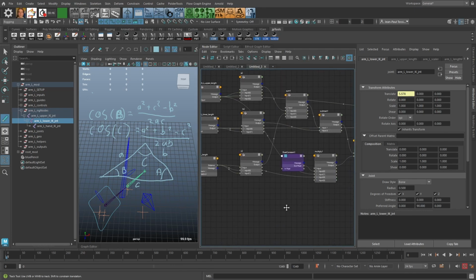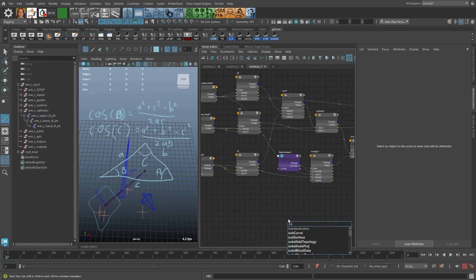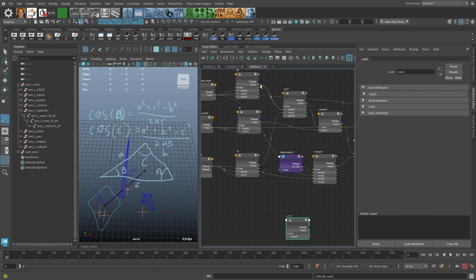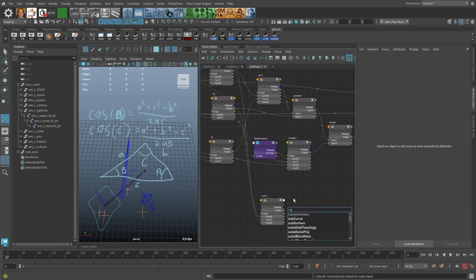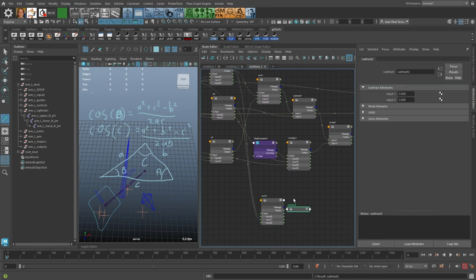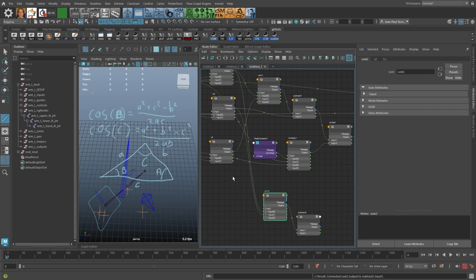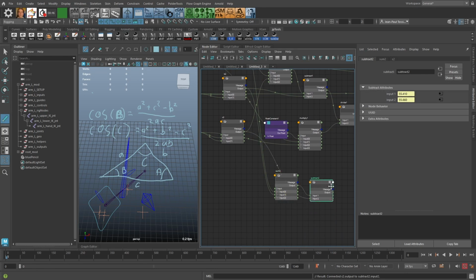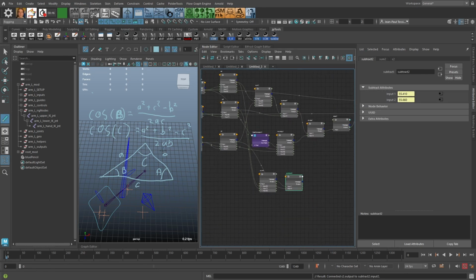We start by creating a sum node, and then we add the a squared and b squared, and then we subtract the c squared from it. So we plug this in here, we take the c squared, so this is the numerator, and then we make the denominator.